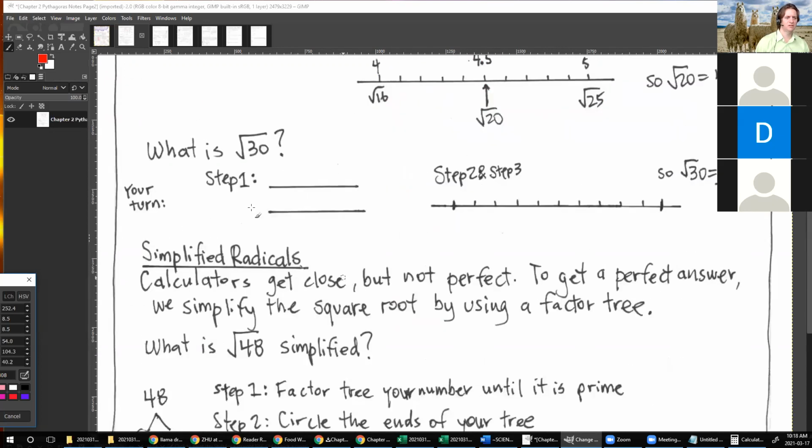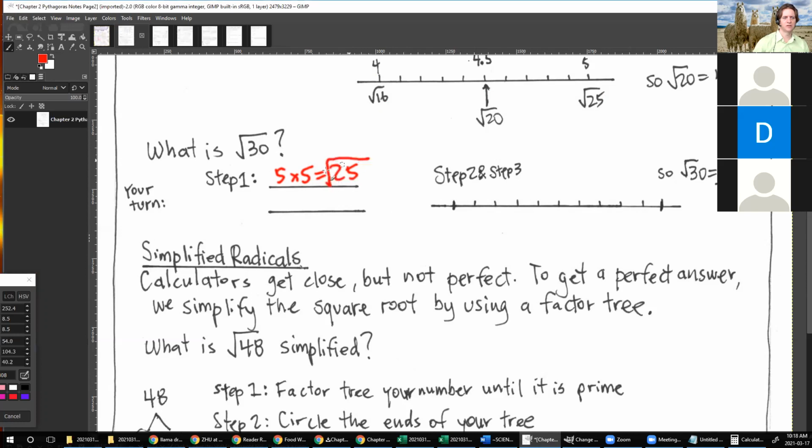All right, so let's do this one. You guys, this is your turn to step up and see if you can do this. What's the square root of 30? So you guys remember what step 1 is? All right, so step 1 is I'm going to try to guess the perfect squares above and below 30. If I do 5 times 5, that's going to give me 25.